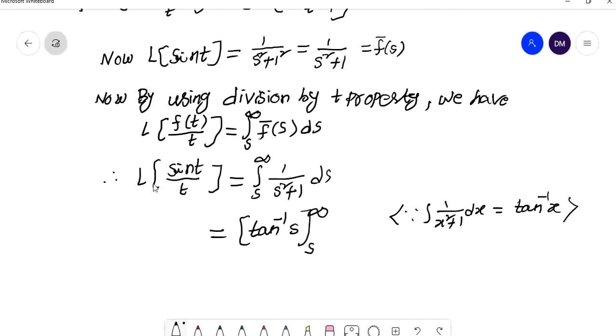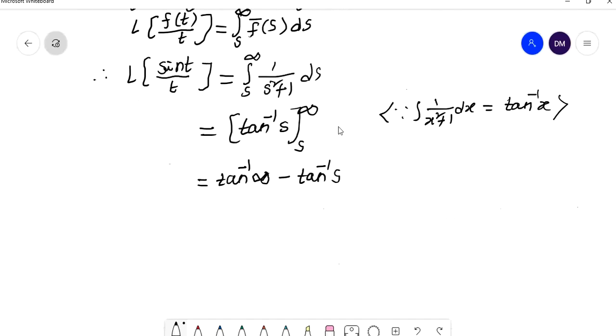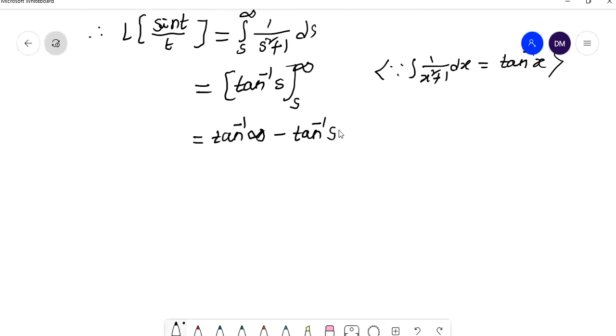Substituting the upper limit, we get tan inverse infinity minus tan inverse s, which is pi by 2 minus tan inverse s.